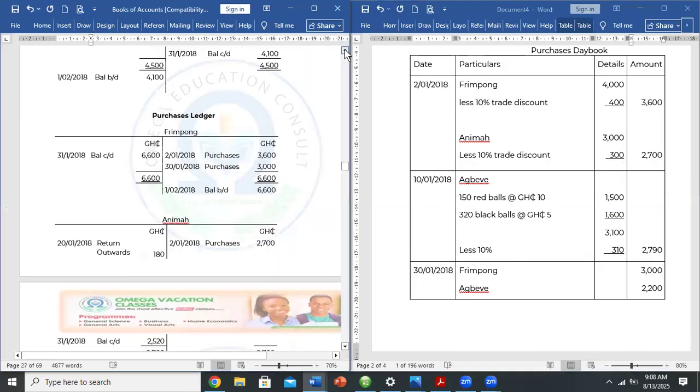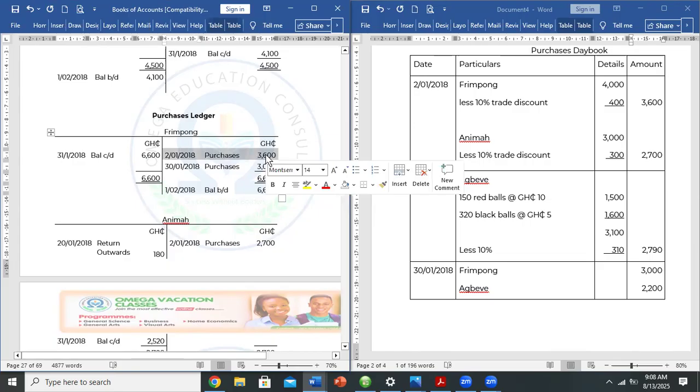You would find the T accounts for Frimpong, Anima, and Agbeve. When you purchase, what do you do? You credit the supplier. So for Frimpong, the first transaction on 2nd January, we credit Frimpong's account in the purchases ledger with the 3,600 net amount.